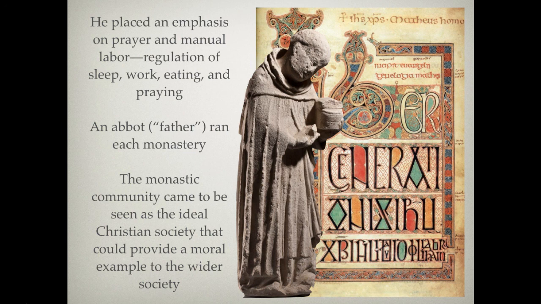And the monastic community came to be seen as the ideal Christian society that could provide a moral example to the wider society, which is, of course, interesting because the ideal figure, at least in the Catholic mindset, was the monk, sexless, devoted to prayer, devoted to scripture reading, fasting regularly. That became the ideal.